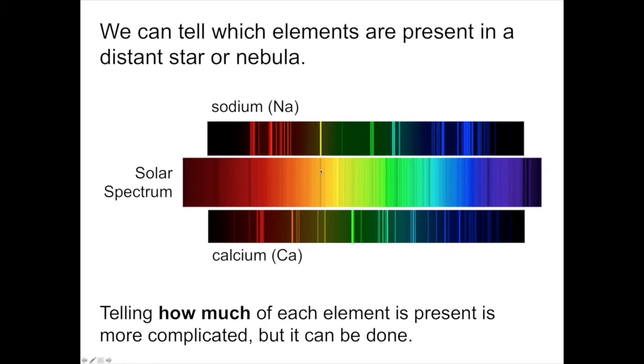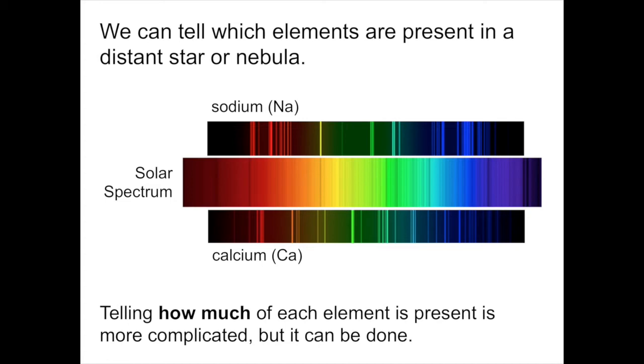And we see, for example, that this dark absorption line in the sun here in yellow light corresponds exactly to this sodium line here. Similarly, calcium lines in the spectrum have an exact correspondence with calcium lines in a pure spectrum here. So we can identify lines of calcium, lines of sodium, and so on and so forth. We can tell which elements are present.